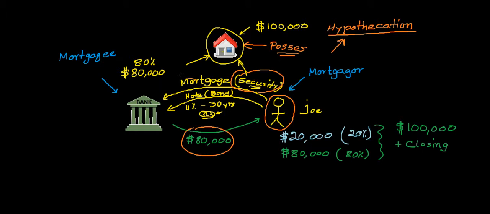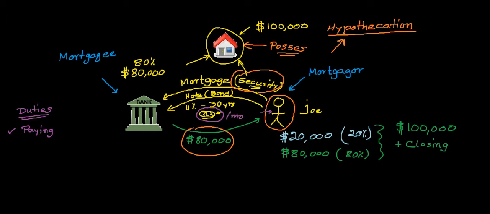Now what are the duties of the borrower for making sure that this mortgage is in good shape and not going into default? The duties that the bank wants to see: Joe has to make sure he is paying the monthly payment on time, whatever he's going to pay per month.